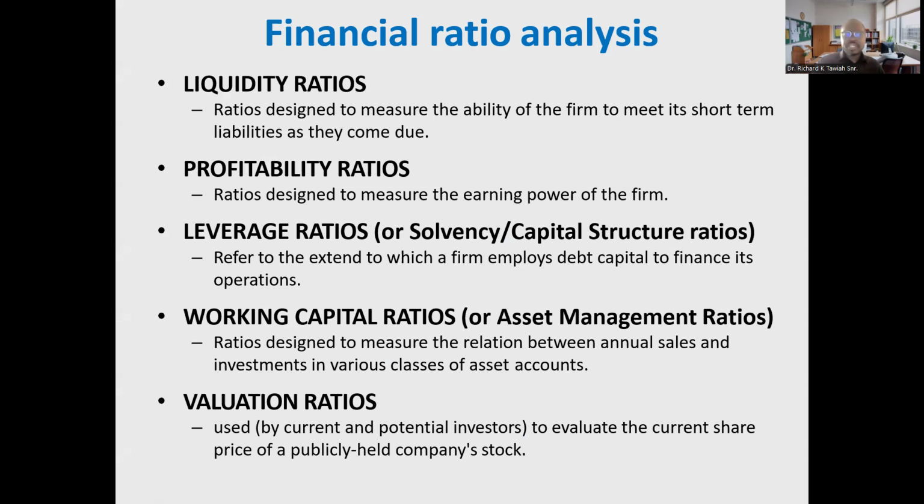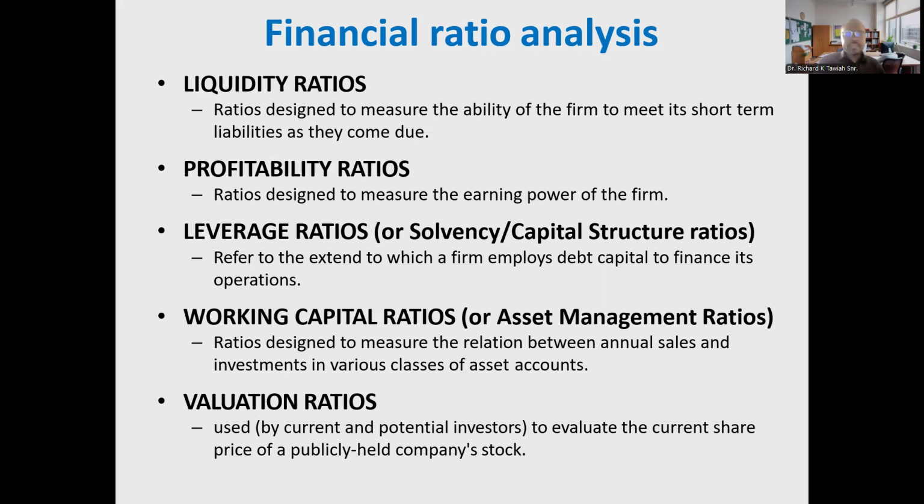Leverage, you always hear gearing as well, is the same thing. So it talks of solvency, capital structure ratios, whether the company is able to employ debt capital structures to finance its operations effectively, in terms of getting loans and long-term debts and how they service it.